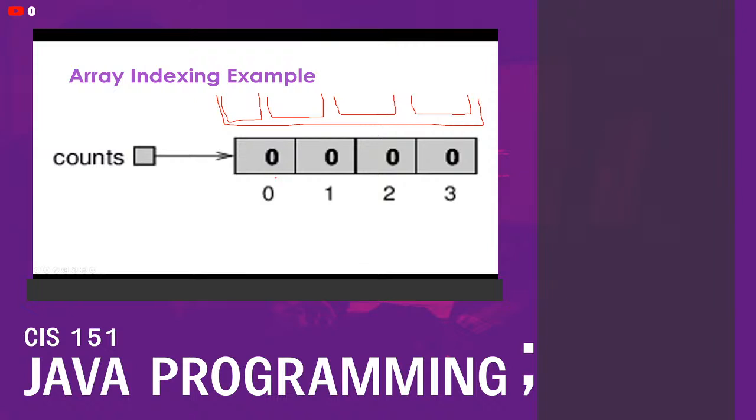Like, this is the address where this data lives. And so if we want to specifically target this data element, we want to refer to that as counts, and in square brackets, the index location of 2.